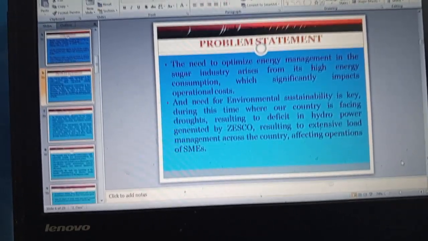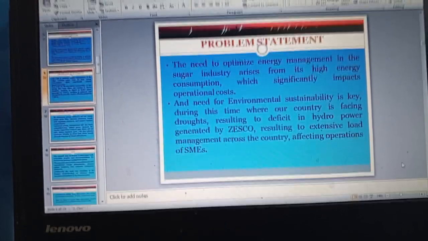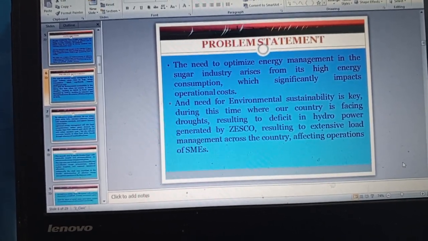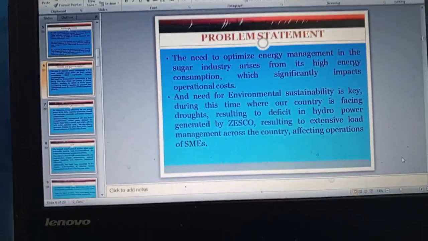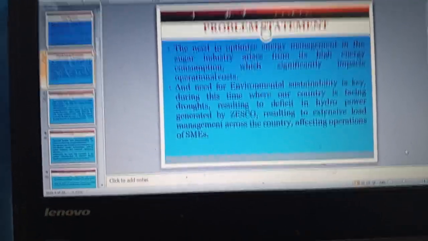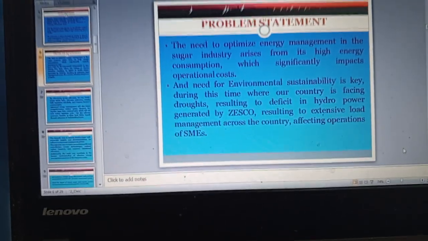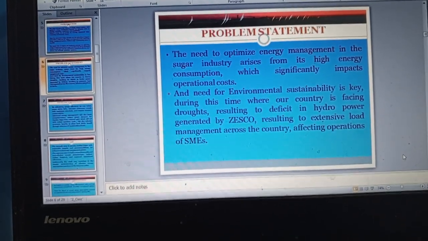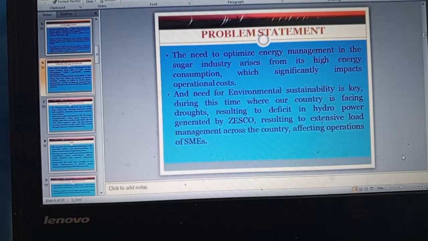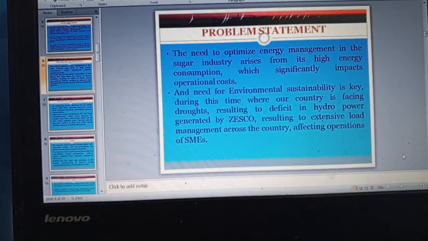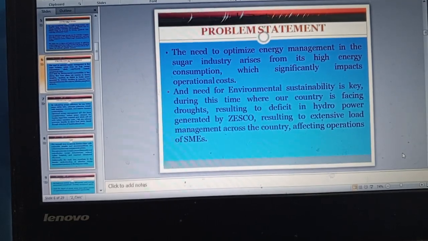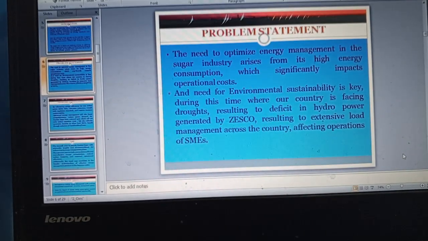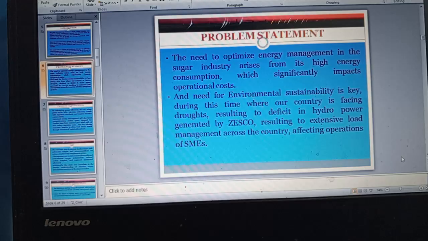So it's paramount that we come up with ways to optimize how efficiently our plant is operating, so that we reduce the load on how much power we are importing from ZESCO. The way our plant is, we generate about 30 megawatts internally, and we are importing about 16 megawatts from ZESCO.